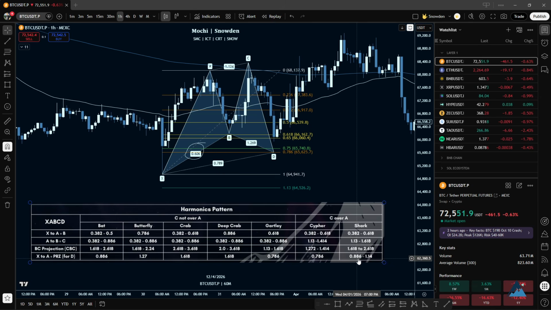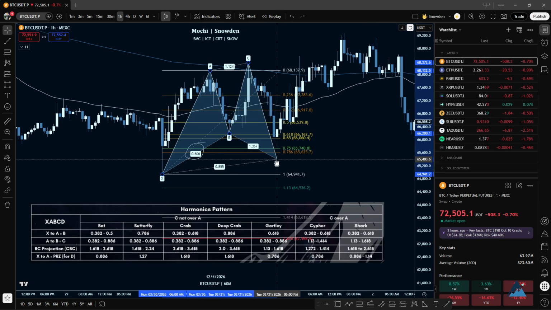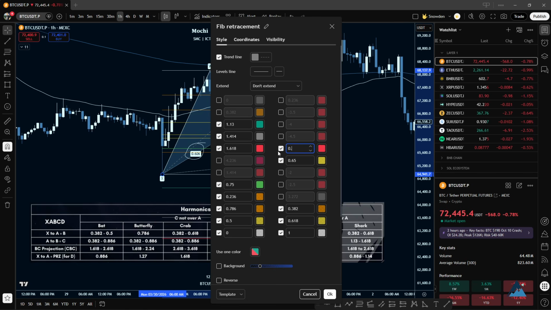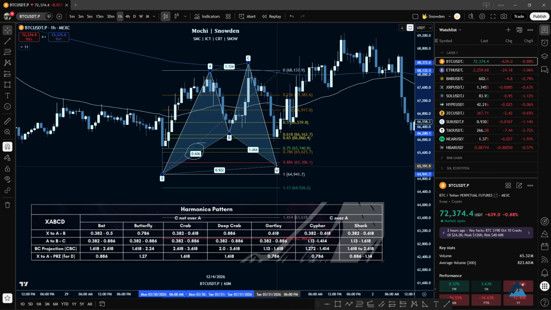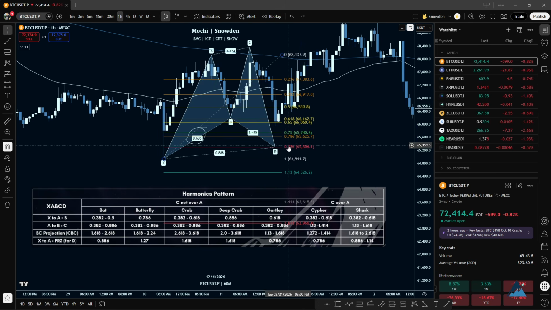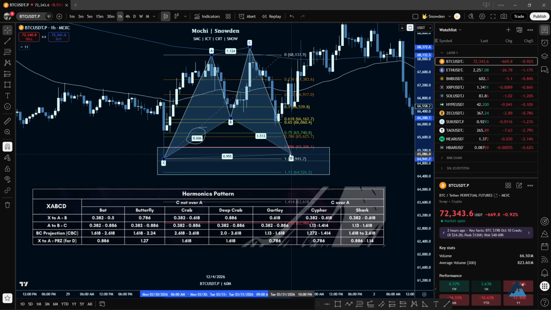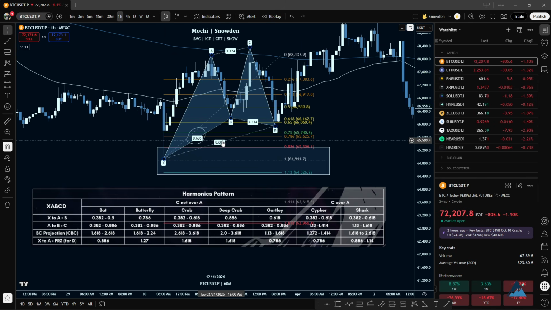What about the Shark? Where's the 0.886? Let me just add a Fibonacci at 0.886. If you're waiting for a Shark, from here, from 0.886 to 1.14, this area is where it can reverse anytime. For the Cypher, it should be exact, 0.786. But as you can see, at 0.683 it already went.